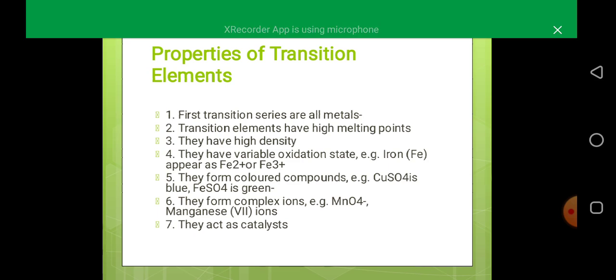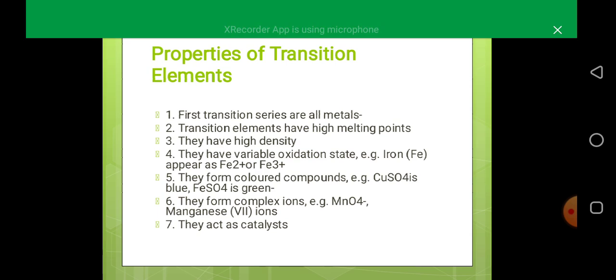They have variable oxidation states. For example, iron appears as iron 2 or iron 3. Also copper 1, copper 2, copper 3. That is the variable oxidation state. While in alkali metals, we have only +1 oxidation state.